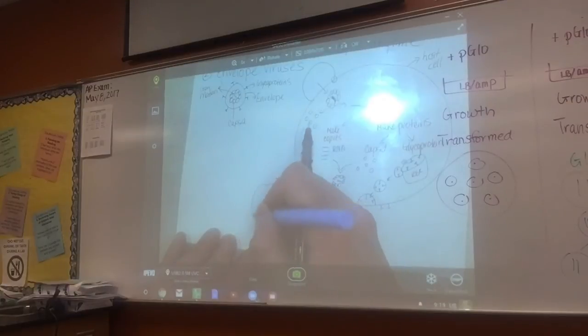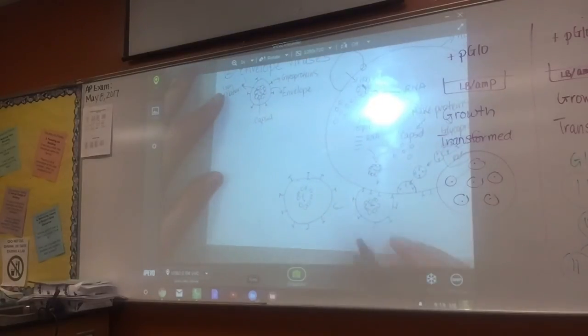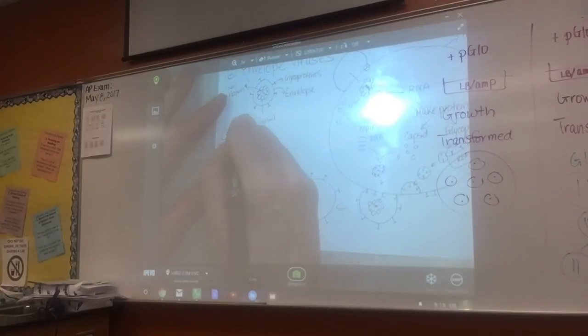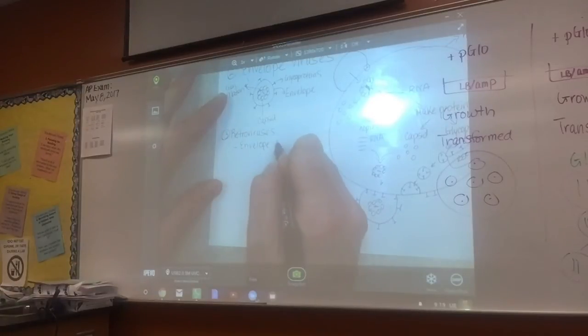There's a special kind of envelope virus. HIV is an example. Those would be what? Retroviruses. So I'm going to put here retrovirus. These are envelope viruses. They are RNA viruses.